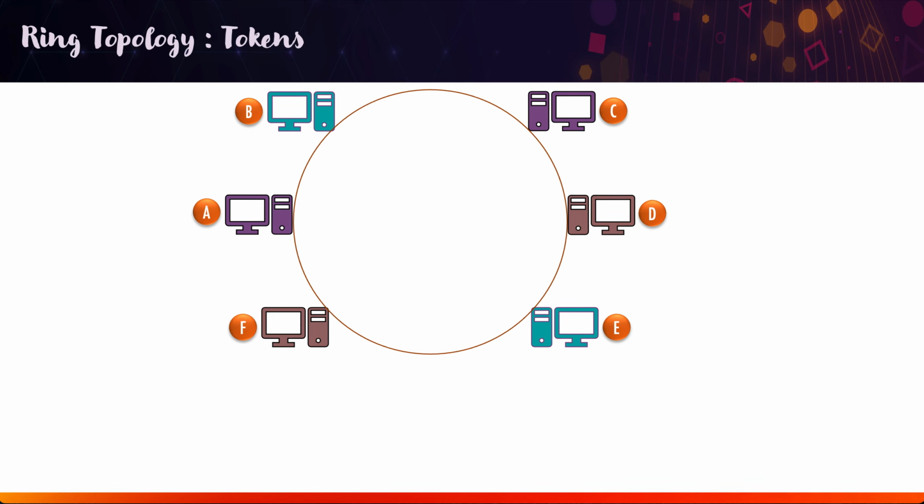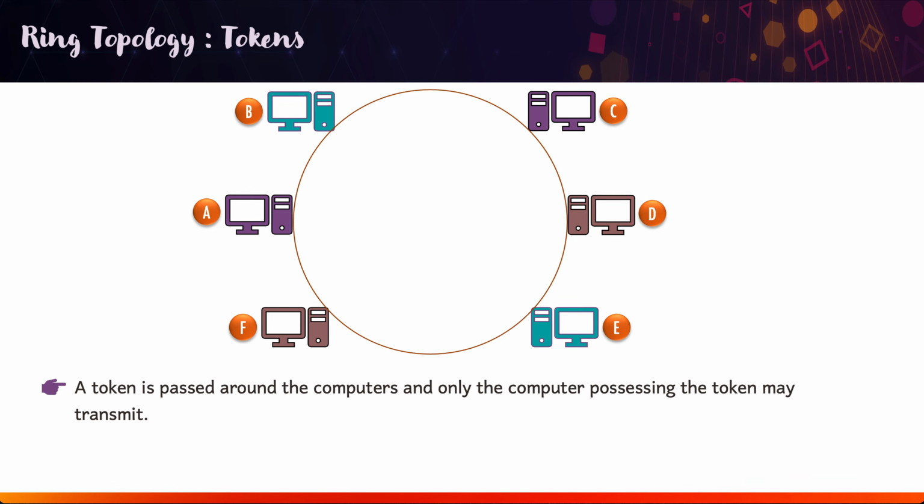A token ring is where there is a token. A token is essentially a small data packet that is sent across the wire, which is the ring. So it goes from one computer to another computer and to another computer. Whichever computer has the token, only that computer can transmit. No other computer can transmit.